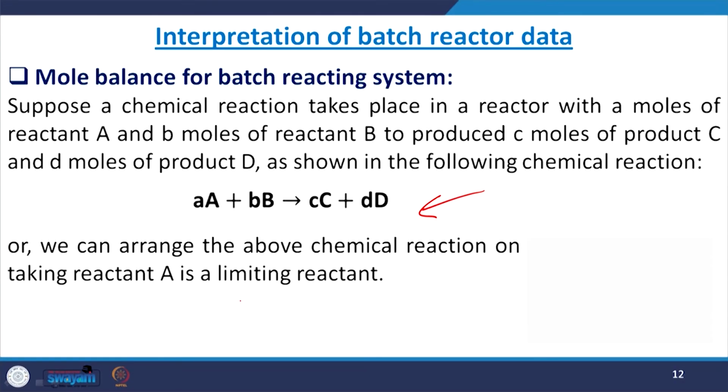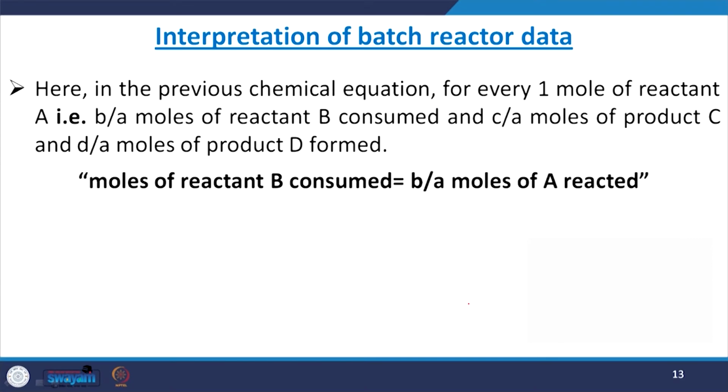So, we can arrange this equation, taking reactant A as the limiting reactant, as A plus b upon a B gives c upon a C plus d upon a D. Taking cognizance of the previous chemical equation, for every 1 mole of reactant A, b upon a moles of reactant B are consumed, that is why you need to put the negative sign over here, and c upon a moles of product C and d upon a moles of product D are formed.